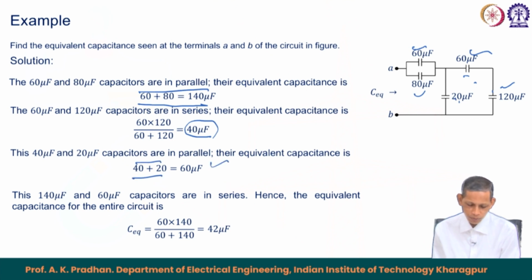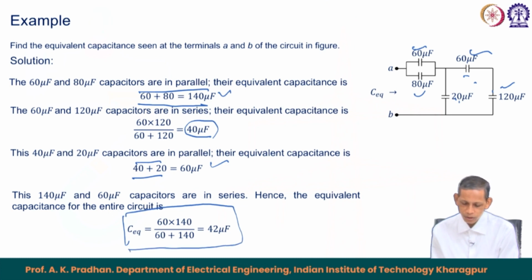This 60 microfarad is in series with the first one, 140 microfarad, so the C equivalent is 60 into 140 upon 60 plus 140, and the resultant becomes 42 microfarad. So this C equivalent becomes 42 microfarad.